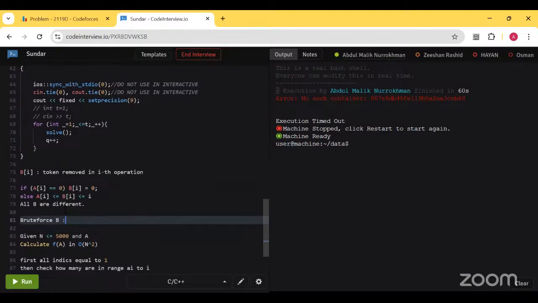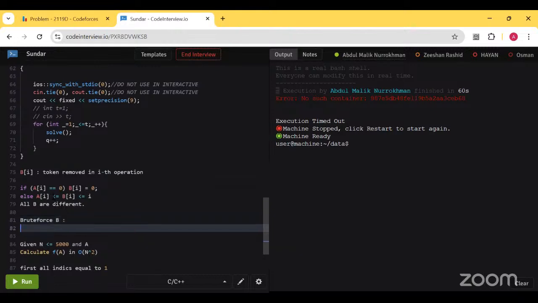And then just calculate the number of possibilities for A, right?